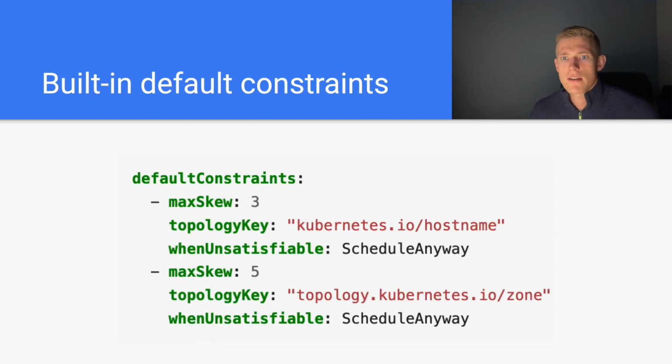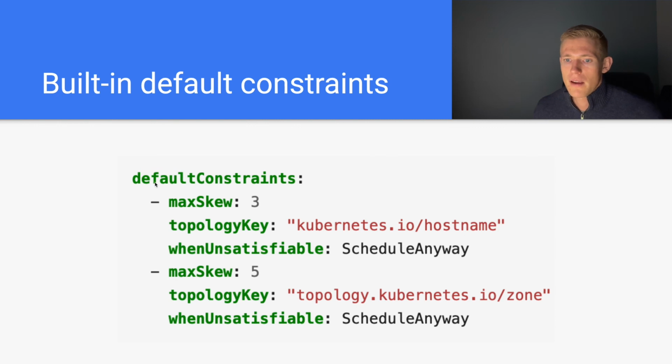Finally, there are actually some built-in default constraints, and this is how the scheduler operates by default. So in the case of particular nodes, we provide a max skew of 3, but if the constraint is not satisfiable, then we schedule anyway, because by default, a Kubernetes user is going to want to be able to schedule their pods and not worry too much about how they're spread out across different hosts.